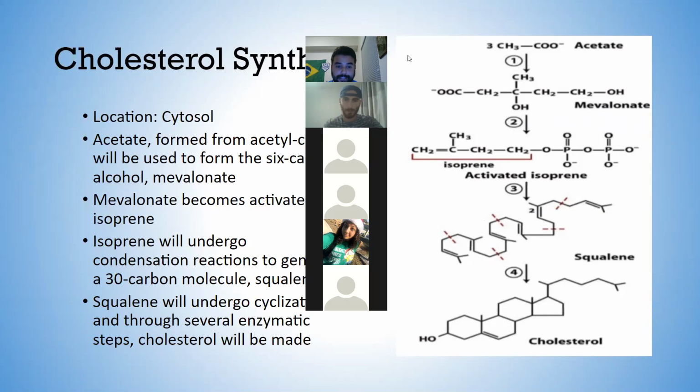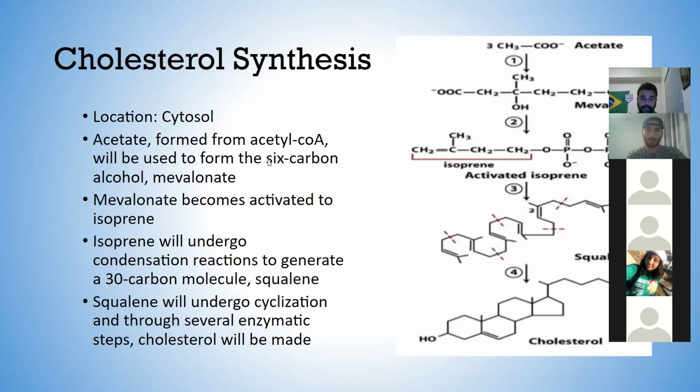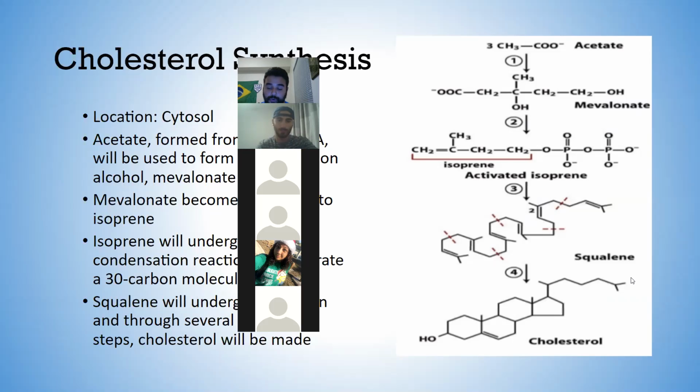Acetate is formed from our acetyl-CoA, and then it will be used to form mevalonate. The mevalonate will become activated isoprene. When we move from activated isoprene to squalene, we start making these cyclic structures right here. Then squalene going to cholesterol involves a series of multi-step reactions that you don't need to know.